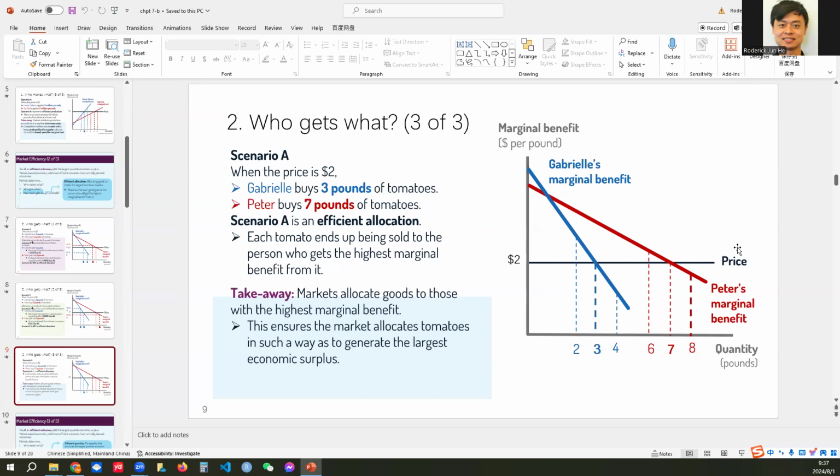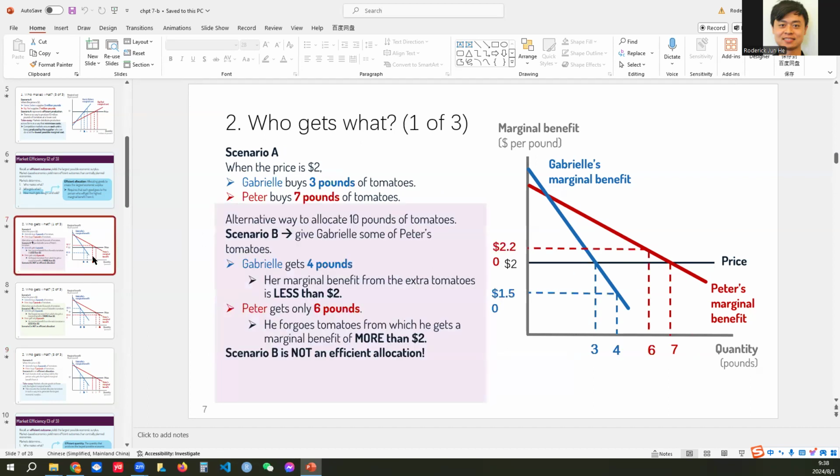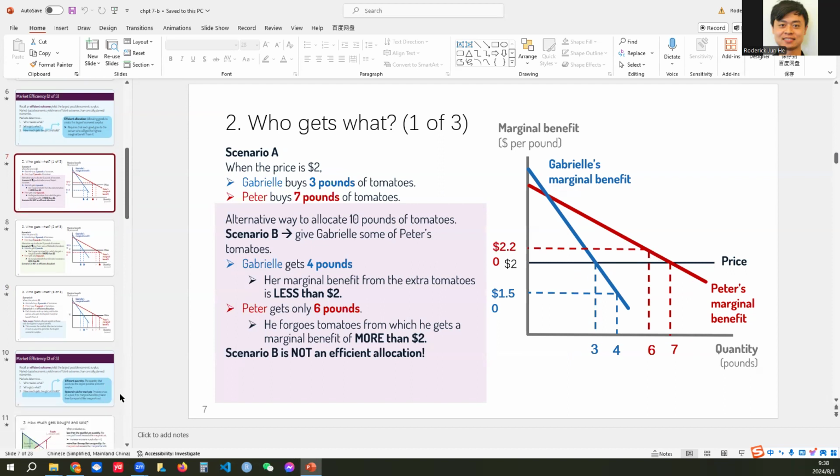So here, the takeaway is markets allocate goods to those with the highest marginal benefit, and this ensures that markets allocate the goods in such a way as to generate the largest possible economic surplus. We don't have any lost surplus. We don't have any unobtained surplus. Lost surplus is when, like we said, Gabriel bought too much, and unobtained surplus is when Peter bought too little.